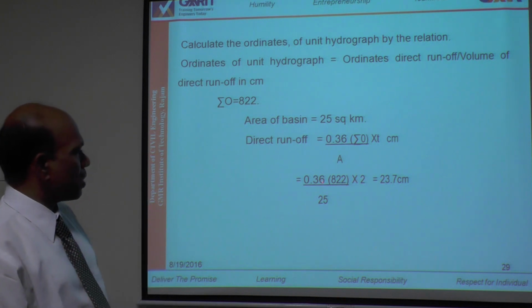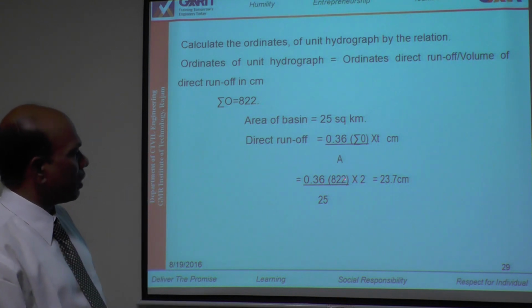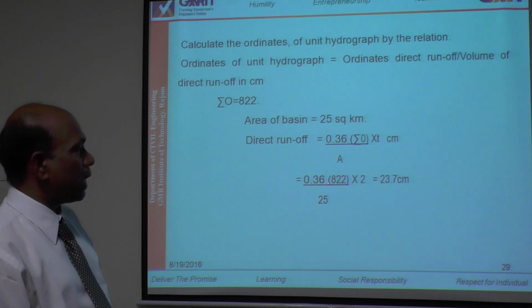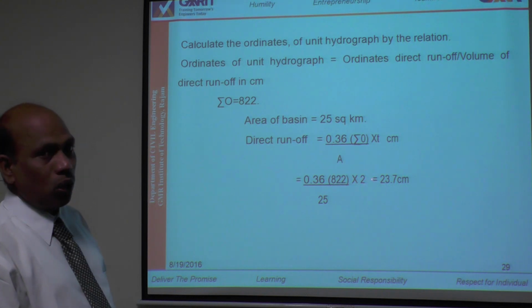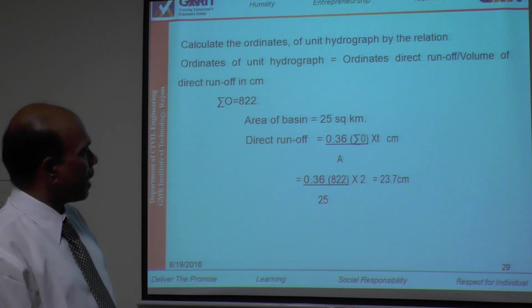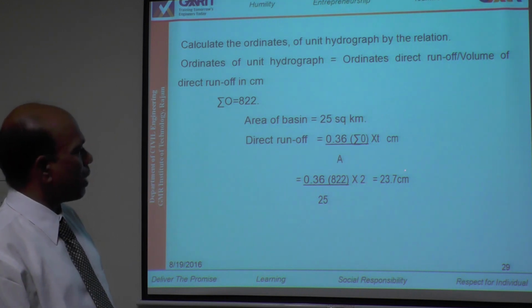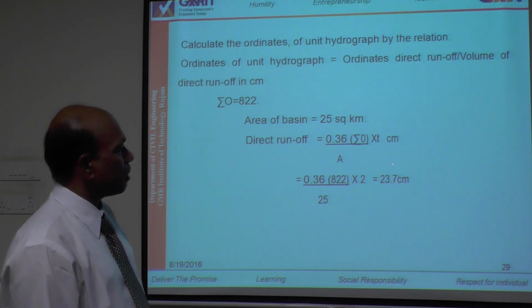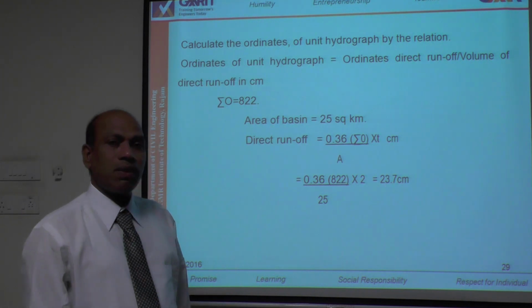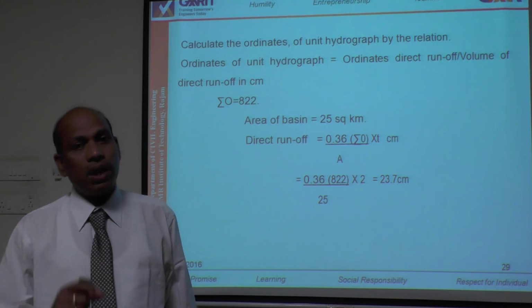Here the formula is 0.36 times 822, the sum of the direct runoff ordinates, times 2, the time interval of 2 hours, divided by the area, given as 25 square kilometers. Finally we get 23.7 centimeters, which is the direct runoff depth.